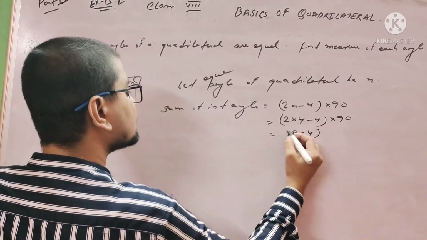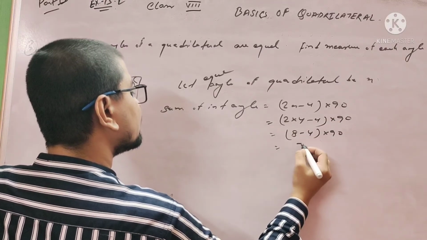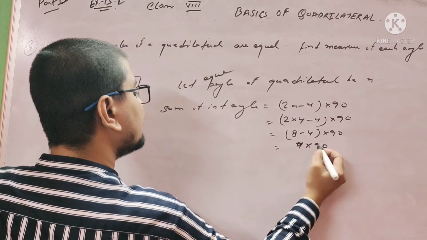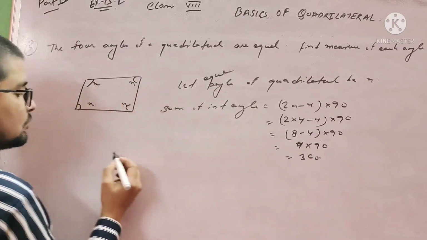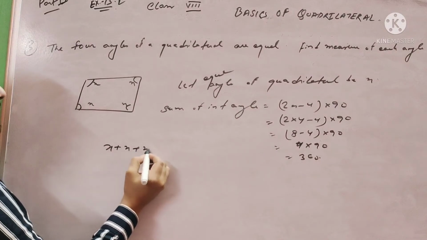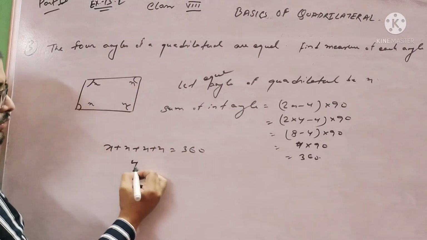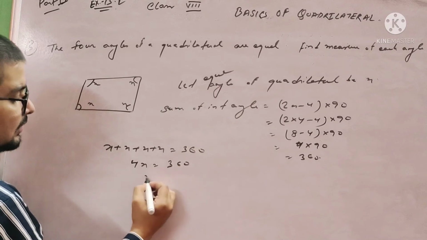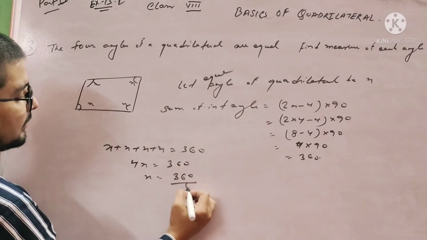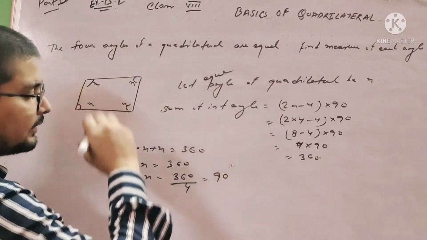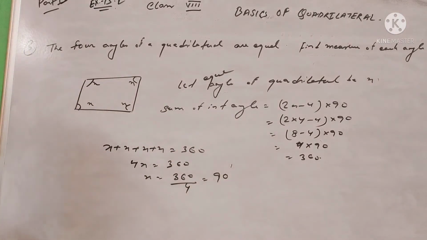So 8 minus 4 into 90, so 4 into 90, that is 360. So x plus x plus x plus x equals 360. So 4x equals 360, x equals 360 by 4, that is 90 degrees. So the measure of each angle is 90 degrees.